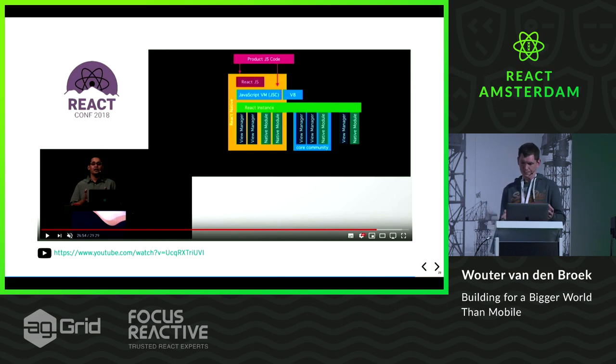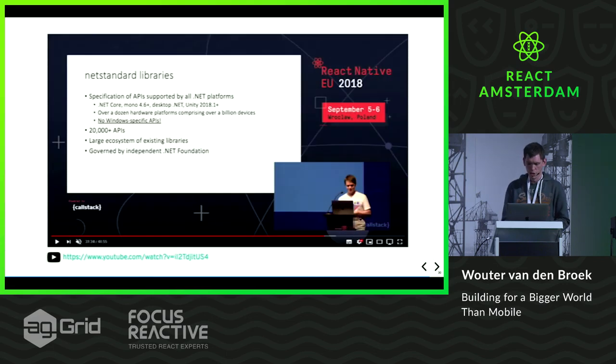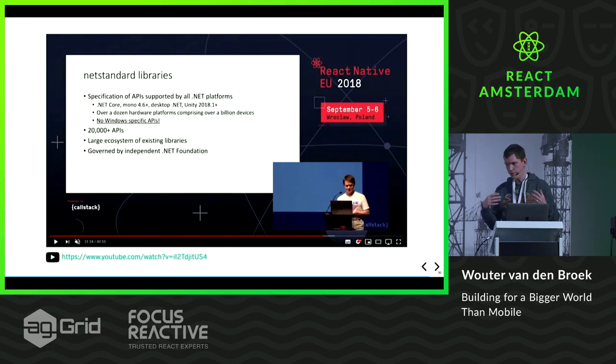And also the community is making native modules more agnostic, so we can use them on many platforms, just like Matt Haggard showed us last year at React Native EU, which used .NET Standard libraries for almost all the parts of React Native.